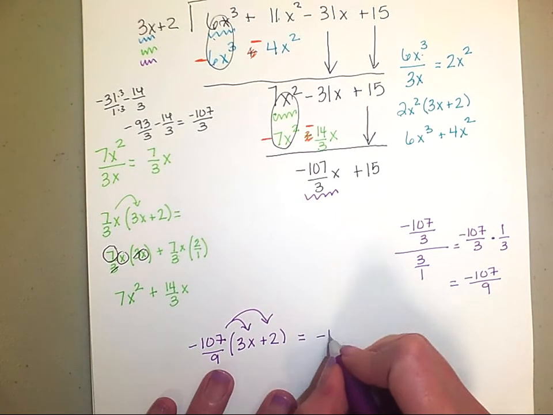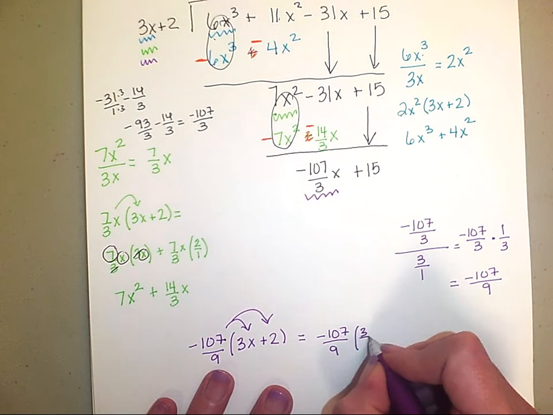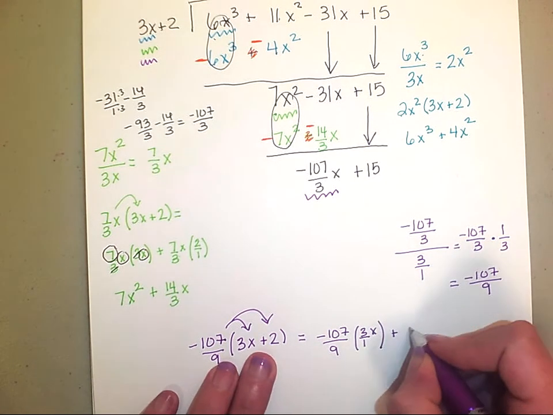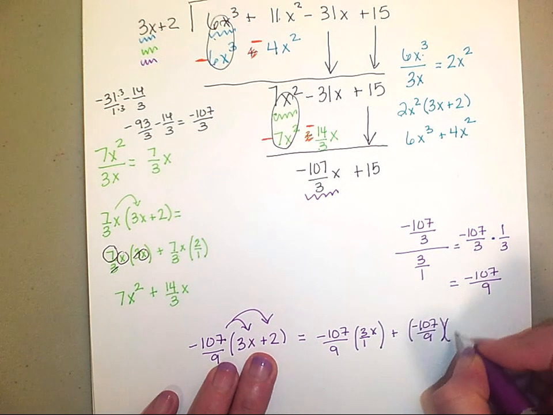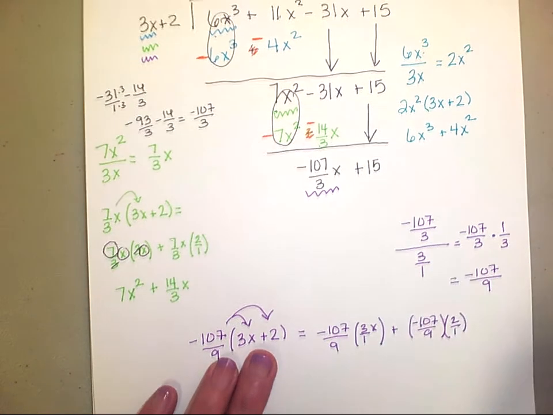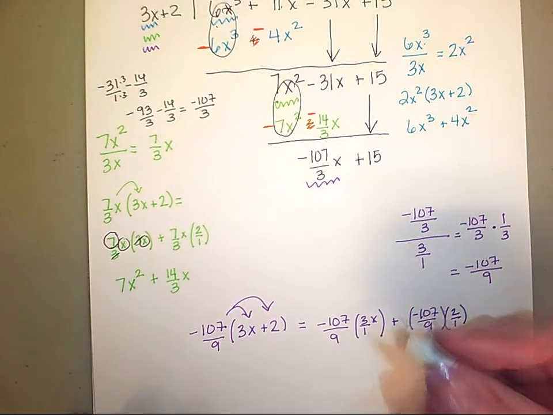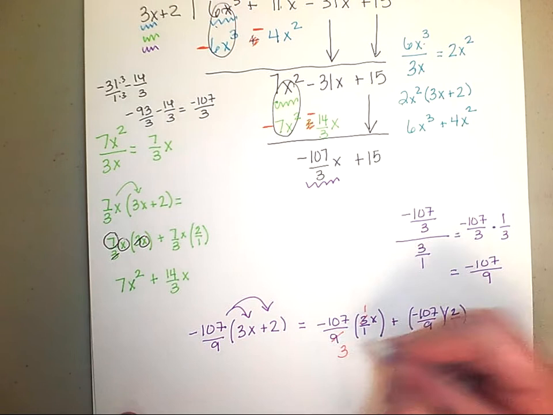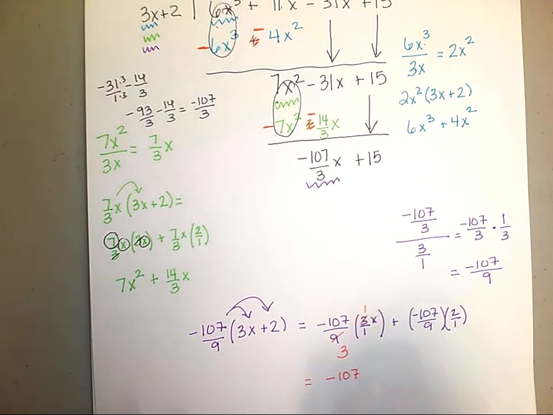Get minus 107 over 9 times 3 over 1x plus negative 107 over 9 times 2 over 1. Just putting them right next to each other. Now let's see if the canceling will occur. So 3 goes in here once and in here 3 times. So we get negative 107. I'm sorry, I should be using a different color.